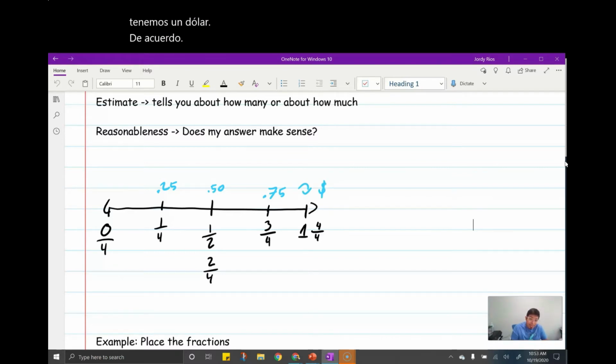So that's what it looks like as a number line. When we use our benchmark fractions, you can easily see which benchmark fraction is the closest to 0, 1/4, half, 3/4, or a whole, okay?